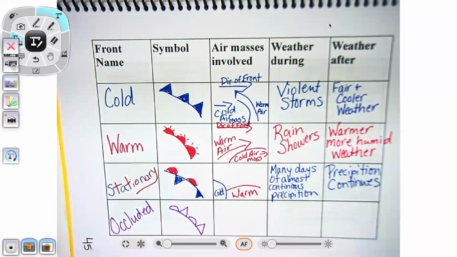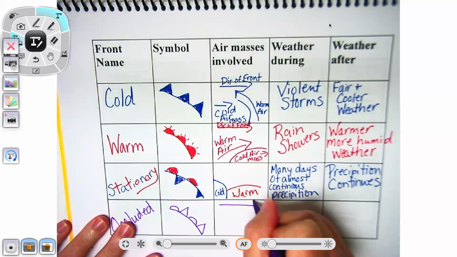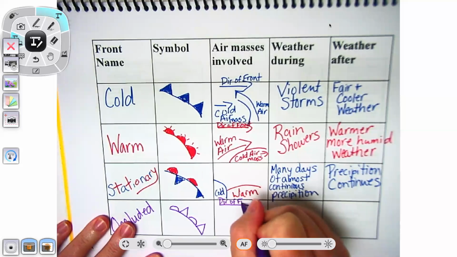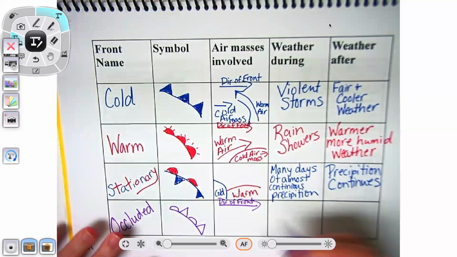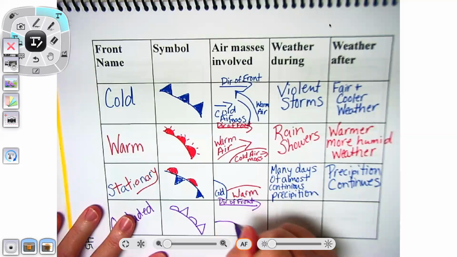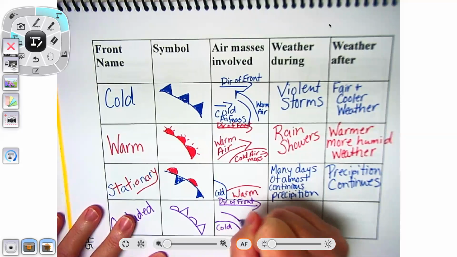But in this front, if the direction of the front is this way, you've got cold air here and cold air here, and then you've got the warm above it.